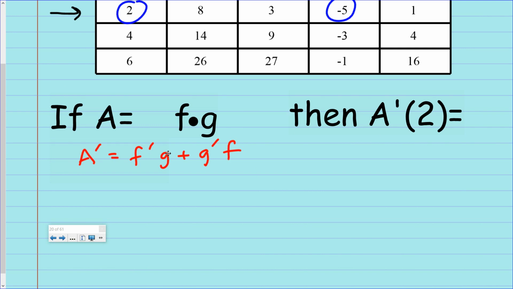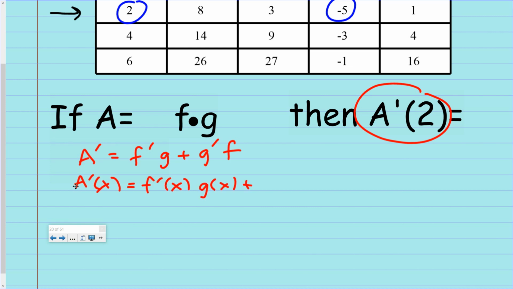Okay, this is great for the formula quiz, but if I want to plug in 2 everywhere there's an x, now I run into a problem because there's no x here, okay? So sometimes you have to rewrite it with the x's in it. Does that make sense? Okay. Now again, while the top one is correct, this one helps you do the problem. This one helps you with your problems.